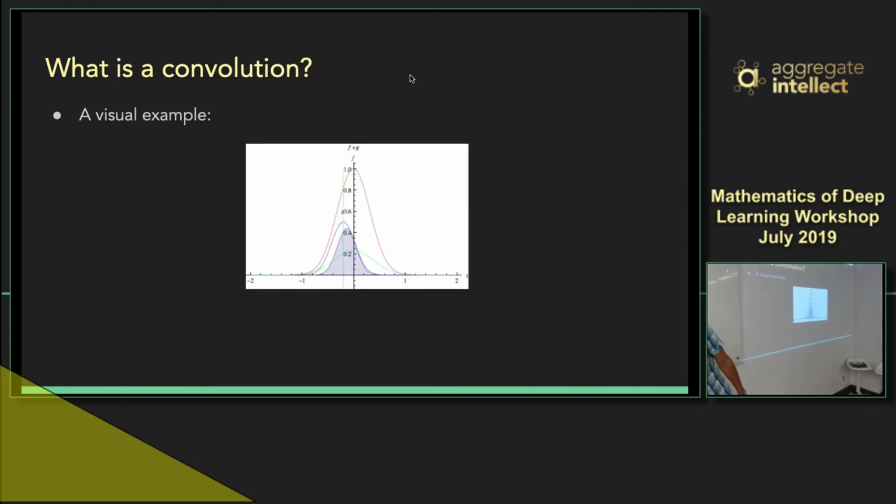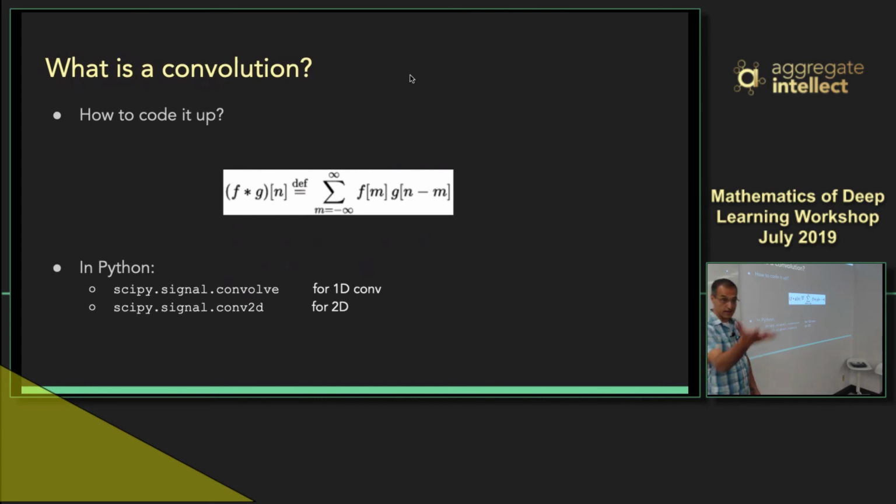All right. So more examples. Now, how do we actually code this up? When we want to code it, we keep the function f at my mth point, and then the function g.